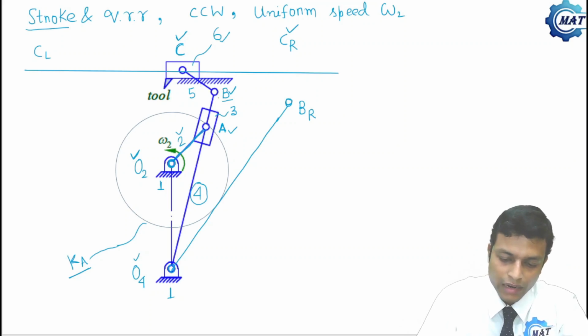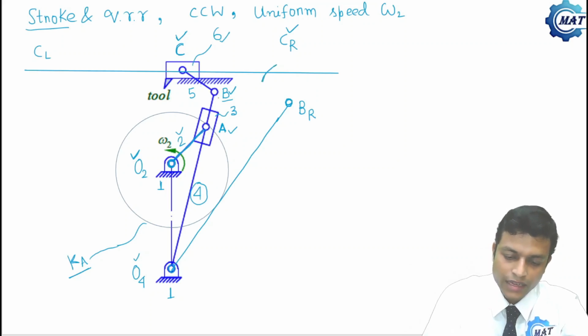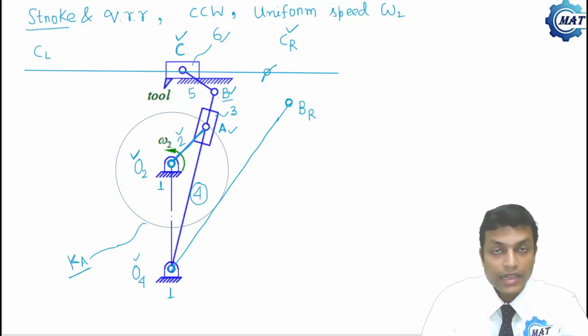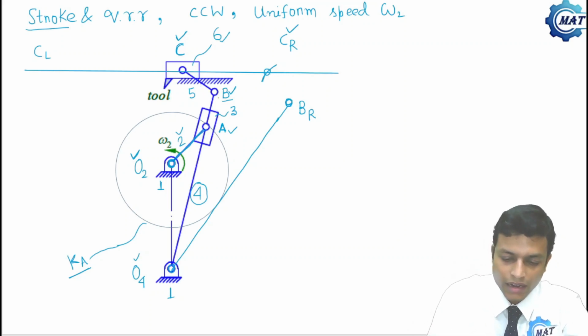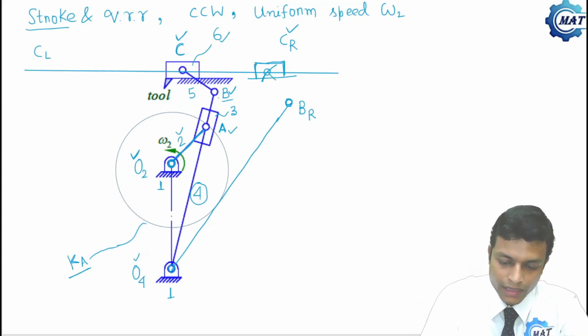So we'll draw an arc from center BR with radius BC, and that cuts the axis of the slider here, and that is nothing but CR. So this locates CR. We have located CR and this is link number 5.